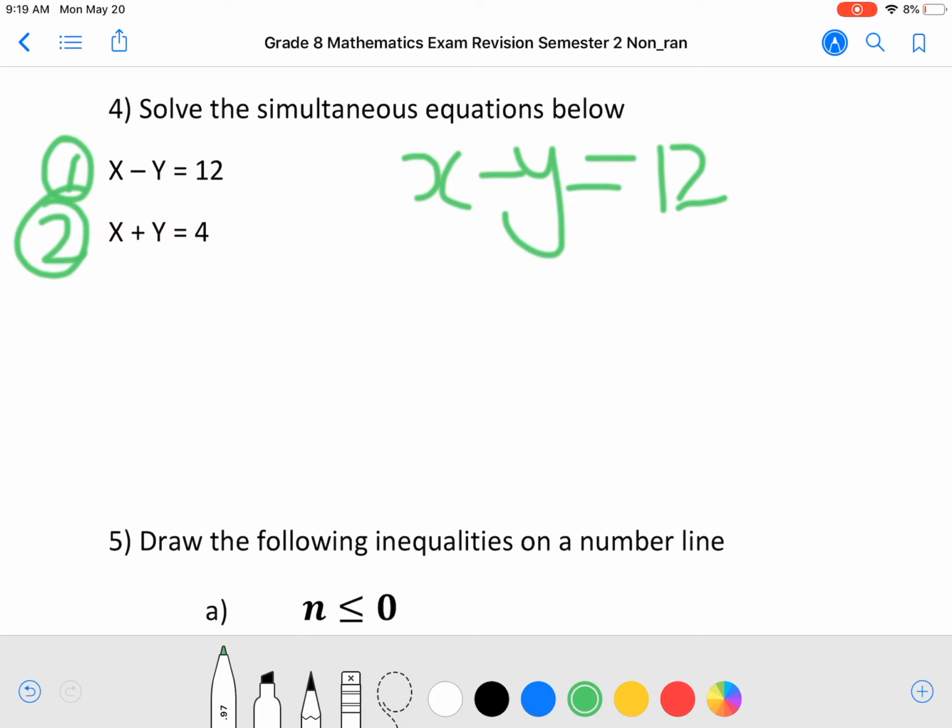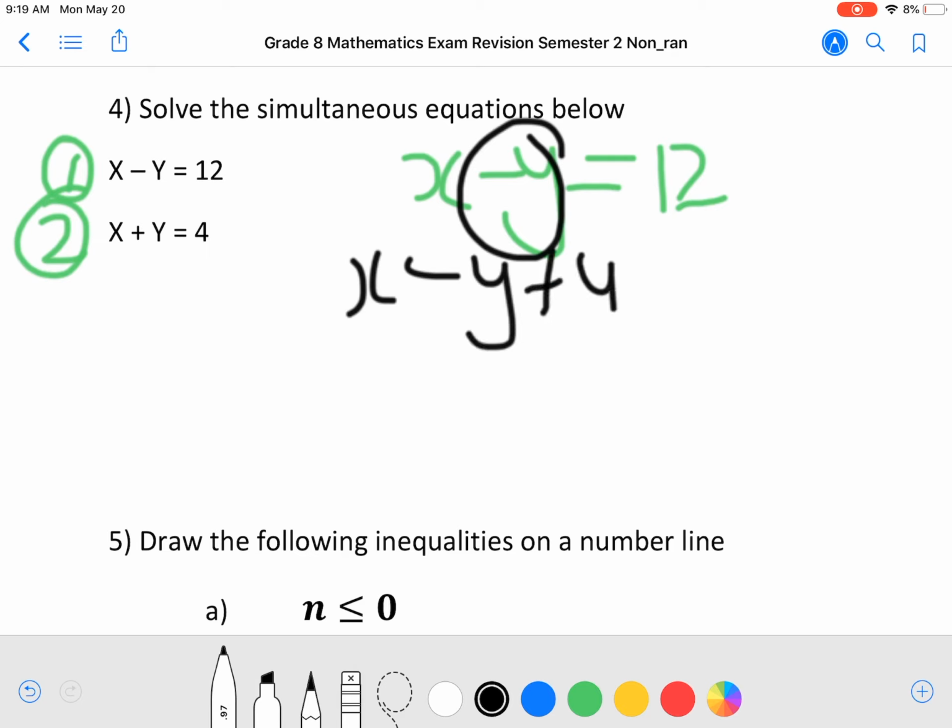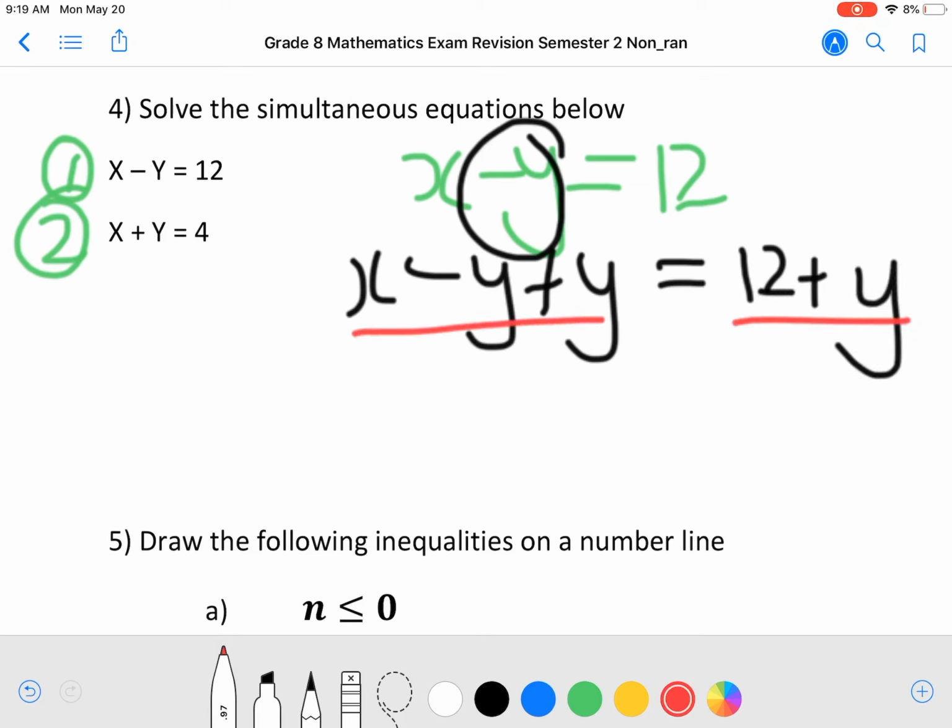So we can take away y from the side by saying x minus y plus y is equal to 12 plus y, because anything we do to the left hand side we must do to the right hand side. So we've added a y here, so we have to add a y there.